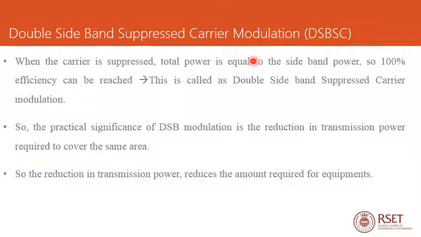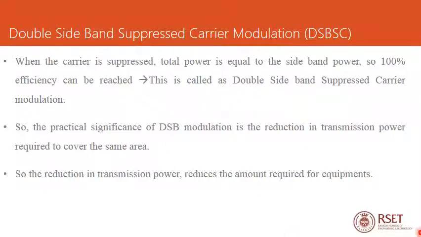In the previous lecture we already found the disadvantage of conventional AM, where it can give a maximum efficiency of 33.33%, and we introduced double sideband suppressed carrier, where the carrier signal is suppressed in this modulation technique.